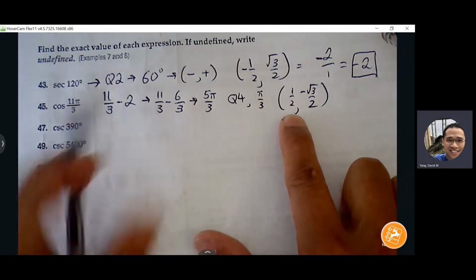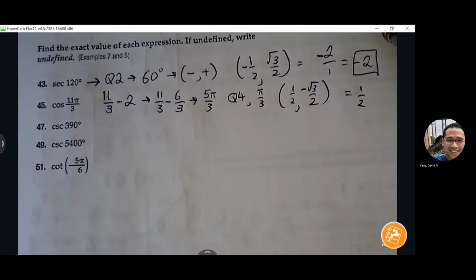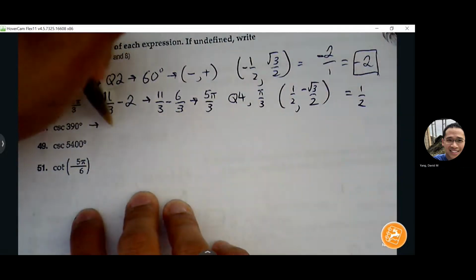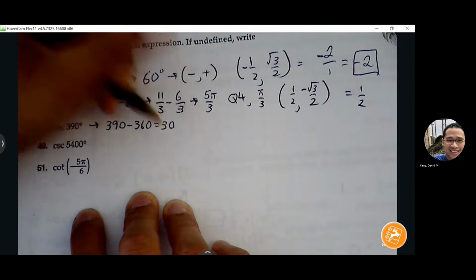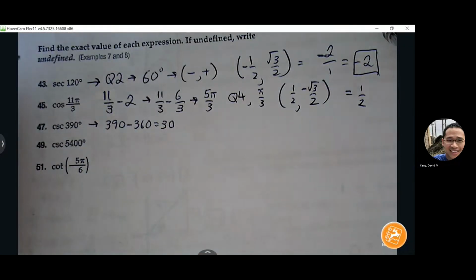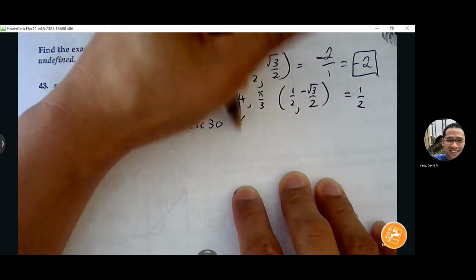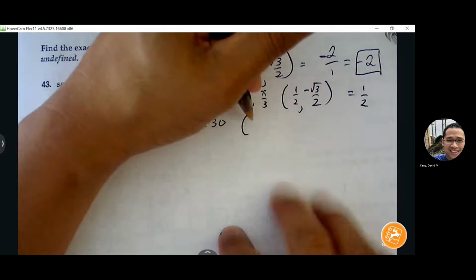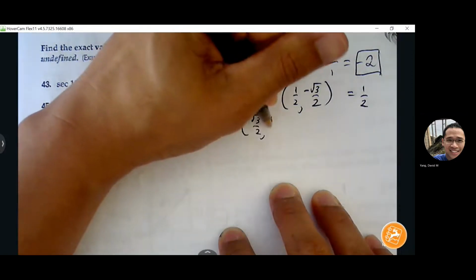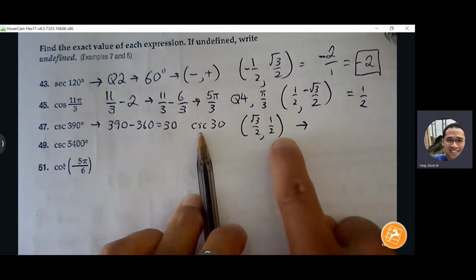Cosine is the x value. Secant is related to the x value, but I've got to flip the reciprocal of cosine.